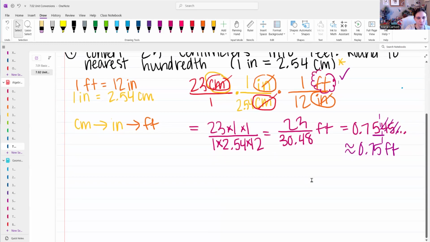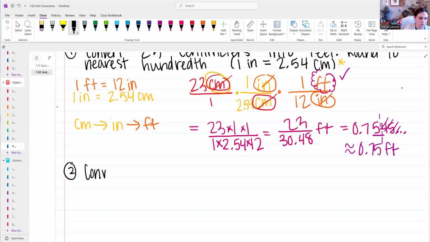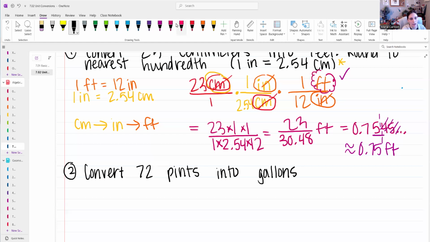All right, number 2. Convert 72 pints into gallons. And this one, you should know all of the conversion factors for this. So how do I go about this problem?